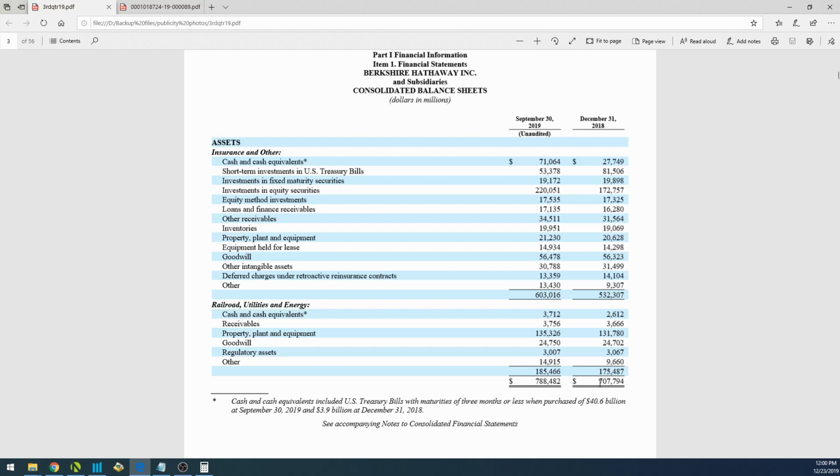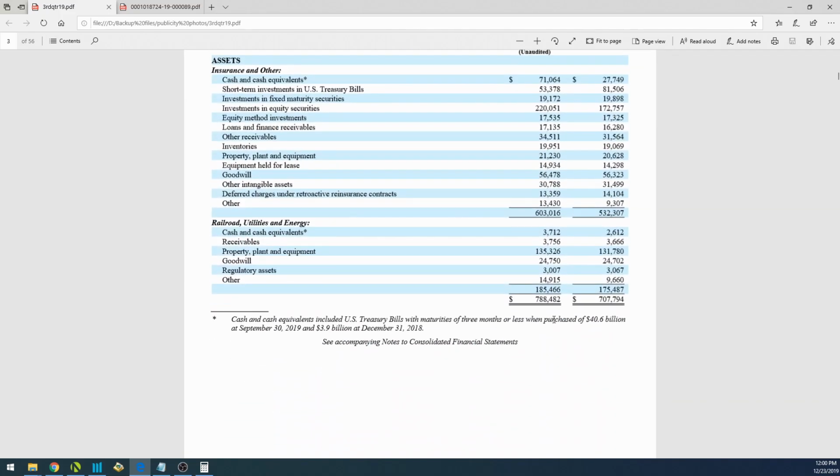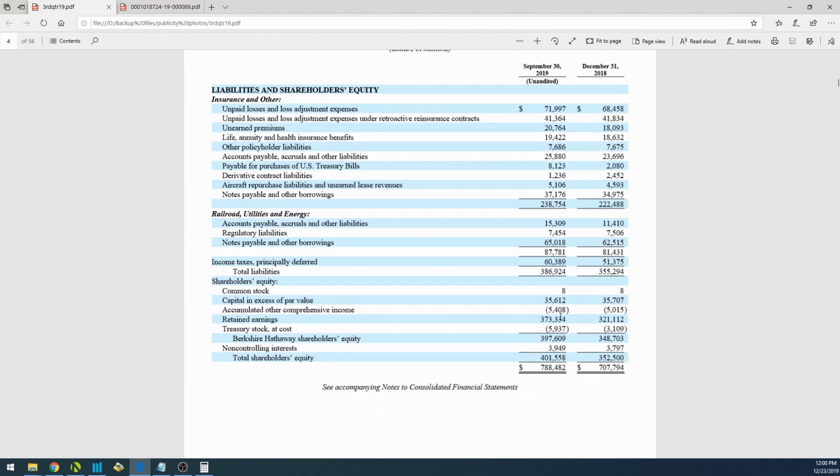So there's a growth of about 80 billion for assets, which seems to be quite good. So now let's break it down for these assets. Whether it is a growth in liabilities or a growth in shareholder equity.